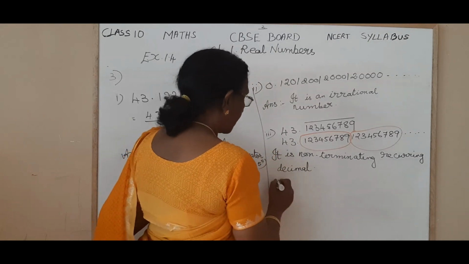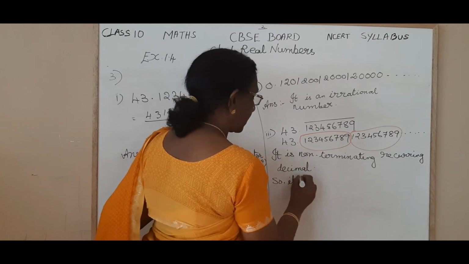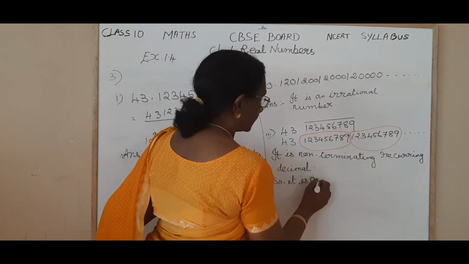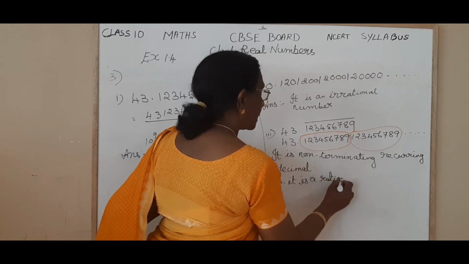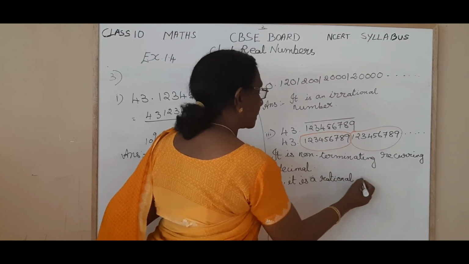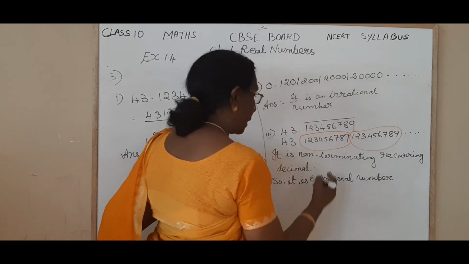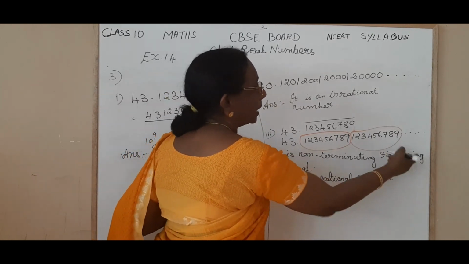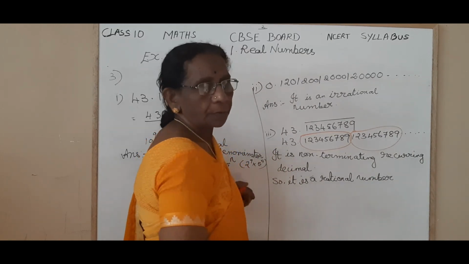So it is a rational number. Okay, for a rational number, the decimal expansion may be terminating or non-terminating recurring decimal. Have you understood, children?